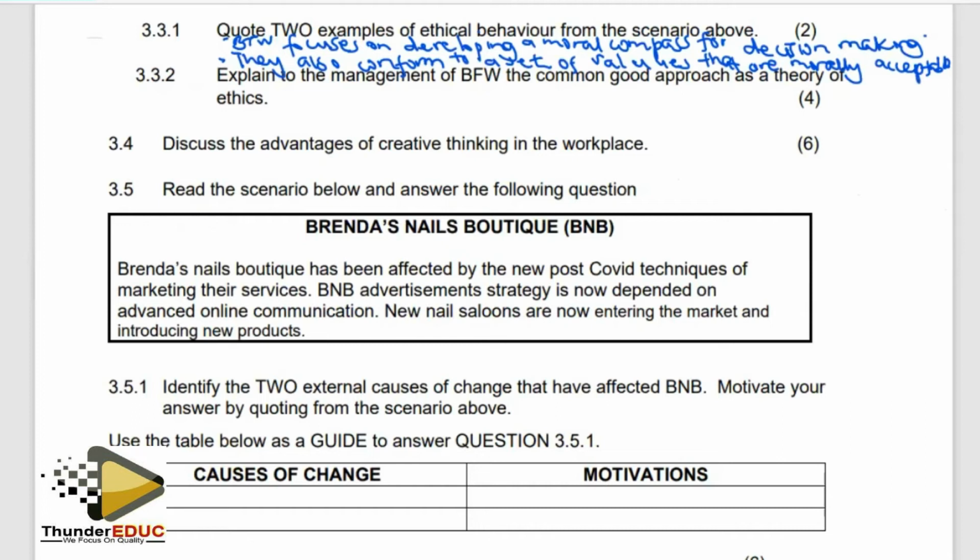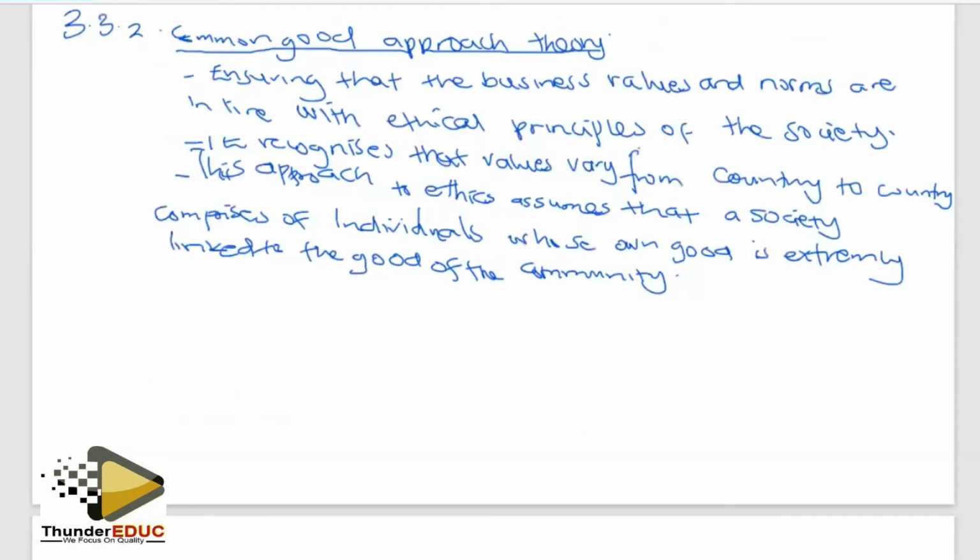A minimum of 3 points must be given. The question is 3.4, advantages of creative thinking.